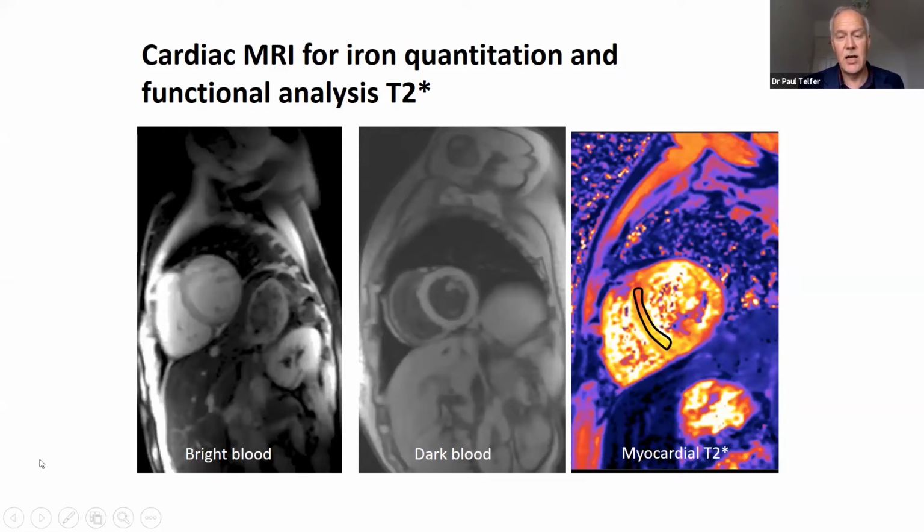And because iron has paramagnetic properties, it interferes with the magnetic field in a way that can be quantitated, and using this specific parameter seems to be most sensitive to the measurement of relatively low concentration of iron within the myocardium, and is applicable in an organ which is moving all the time, which is beating over a defined cycle. Next slide, please.